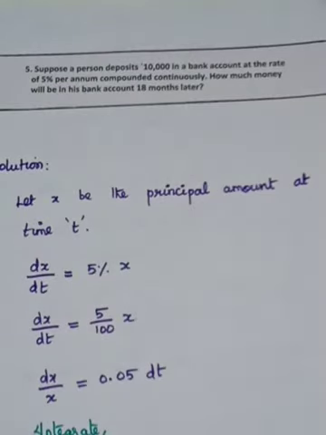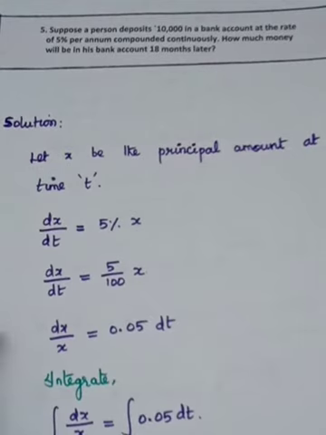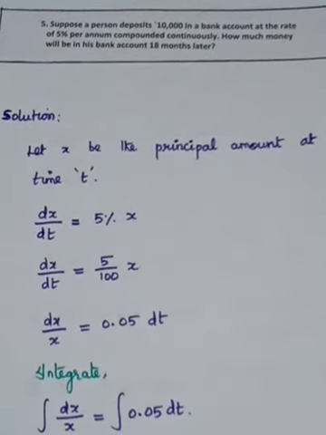Okay, coming to problem number 5. See that, suppose a person deposits 10,000 in a bank account at the rate of 5% per annum compounded continuously.